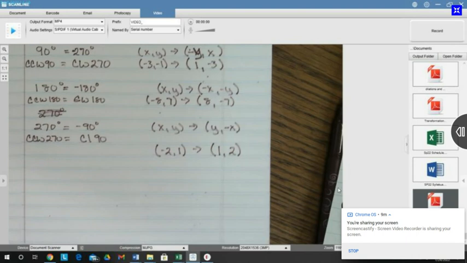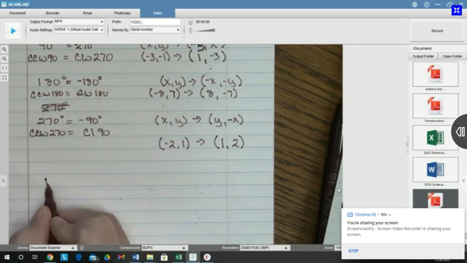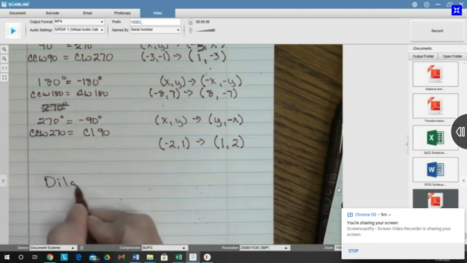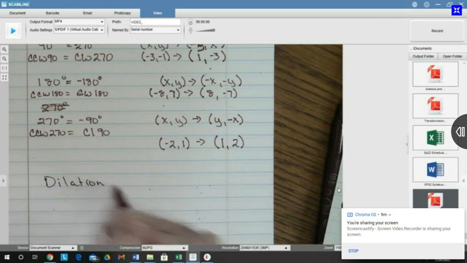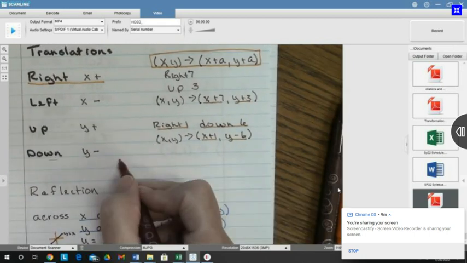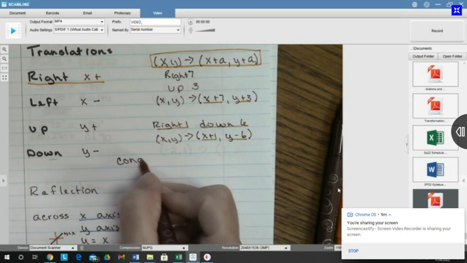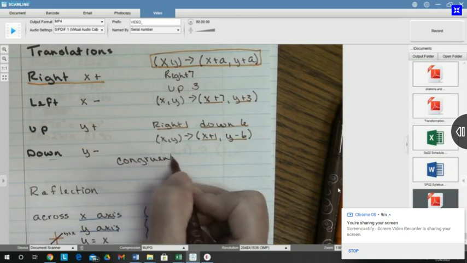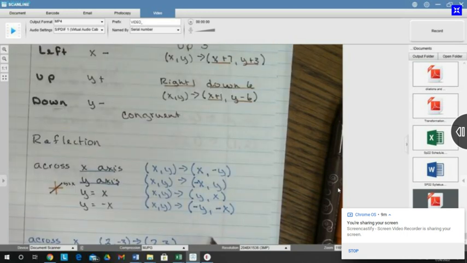All right. Dilation. Remember, when I get done with a translation, my shapes are congruent. When I get done with a reflection, my shapes are congruent.